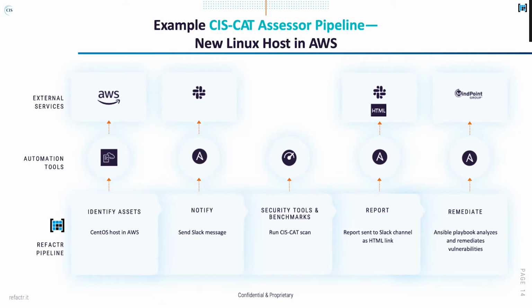And then being able to run CISCAT and a scan around running the assessment, and then popping out a report into an external system. So the nice thing about our platform too is you can do an example like this where you can pop it on the Slack, or if you wanted to just tie directly into the CISCAT Pro dashboards, you could do that too.